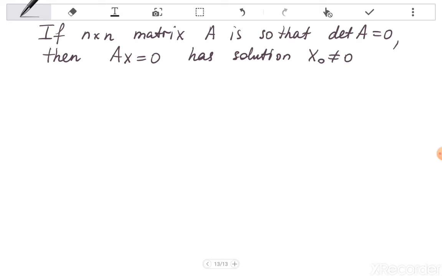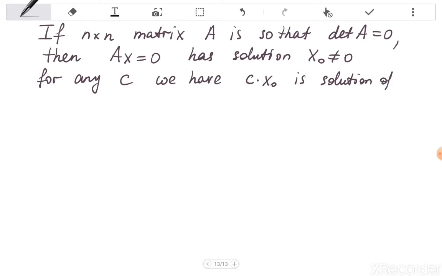And in fact, it follows that for any constant c, we have that c times x0 is also a solution of Ax equals 0.